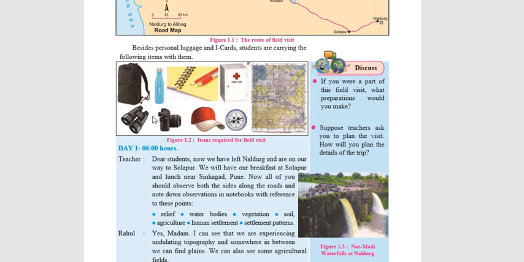It is necessary to have a questionnaire as per the purpose of the field visit. We should carry containers or bags for collecting samples of water, soil, crops, rocks, etc. Also, a cap, drinking water, a first aid box, etc. is necessary.